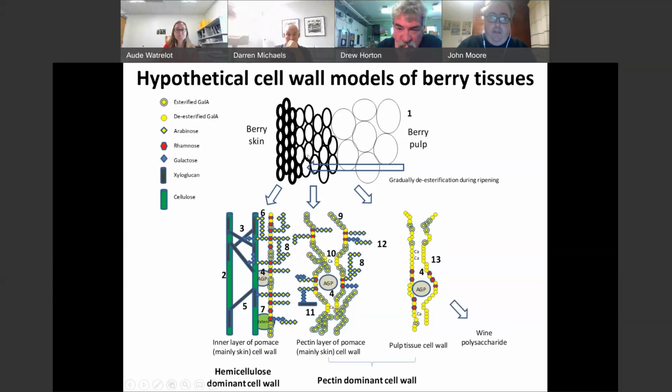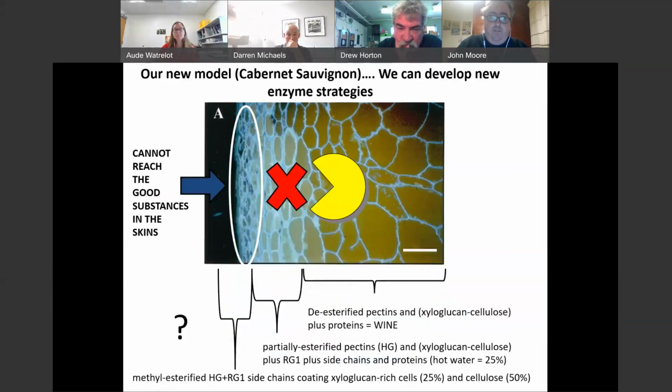And so in order to reach the good substances in the skins, you will have to have a preparation that's rich in pectin lyase and RG lyase, based on the work that we've shown in this presentation. But further work is necessary to confirm this.